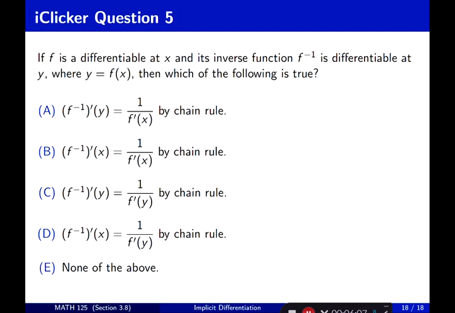C, f inverse prime of y is equal to 1 over f prime of y. D, by chain rule, f inverse prime of x is equal to 1 over f prime of y by chain rule. E, none of the above.